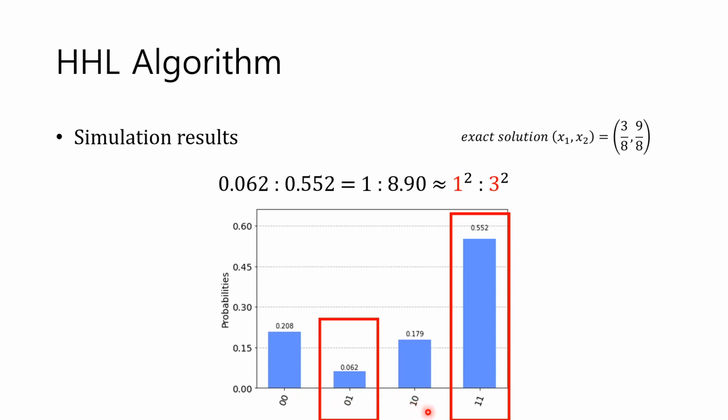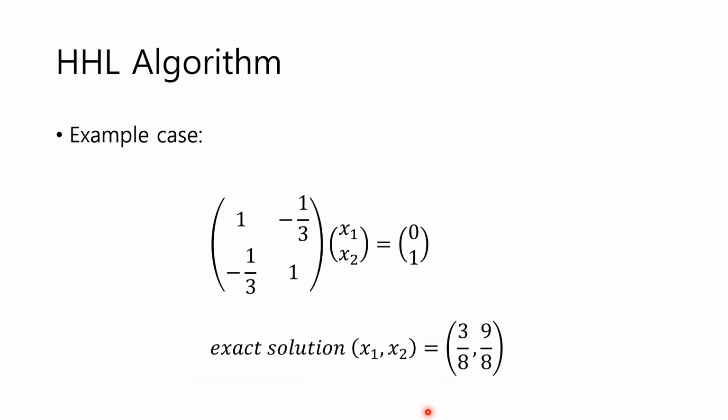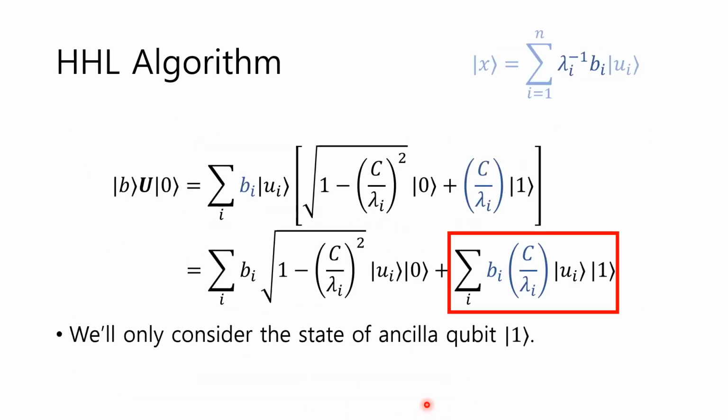This will be discarded, because this here is the ancillary qubit, and only the case of ancillary qubit 1 has varied amplitude here. If you consider ancillary qubit zero, it doesn't have a varied amplitude value.